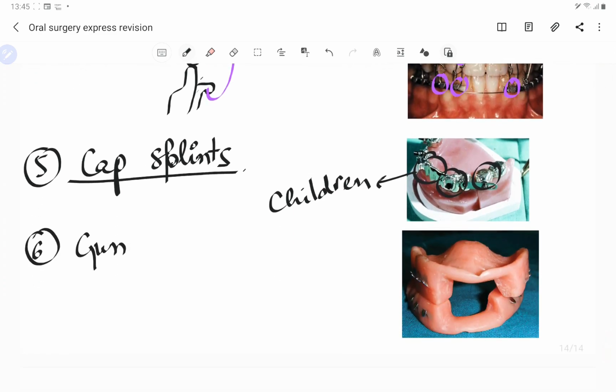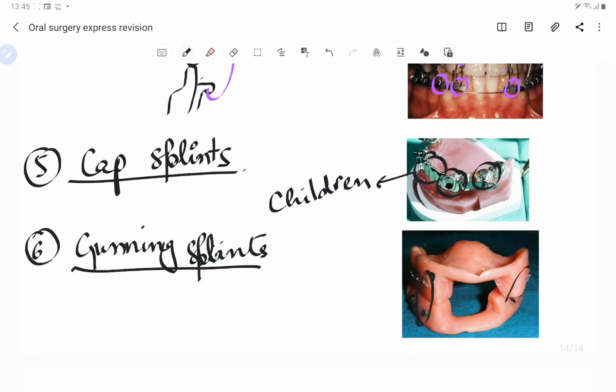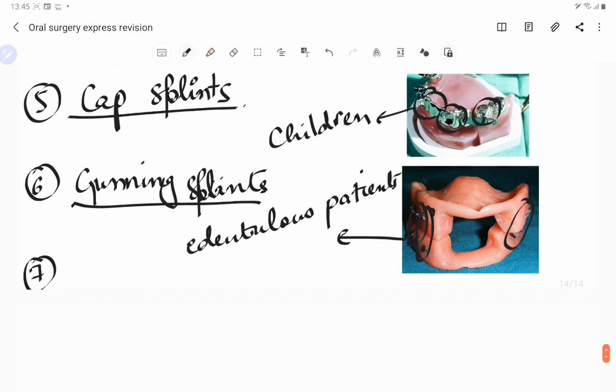As you can see here, these are used in the edentulous patient. Here the wire is passed across all these. So all these are the gunning splints used for edentulous patients. We also have pin fixation, wherein we fix the segments with pins. So this is pin fixation.